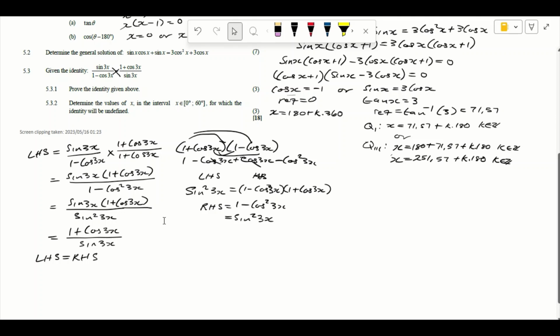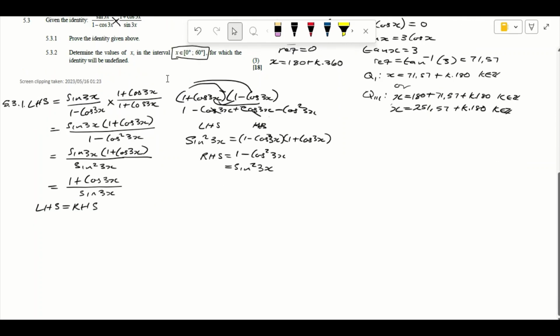This is 5.3.1.5. Okay, so the next question, we have to determine the values of x in the interval x is an element of 0 to 360, for which the identity is undefined. Okay, fine. So we have to discuss for a moment what it means for an expression to be undefined.